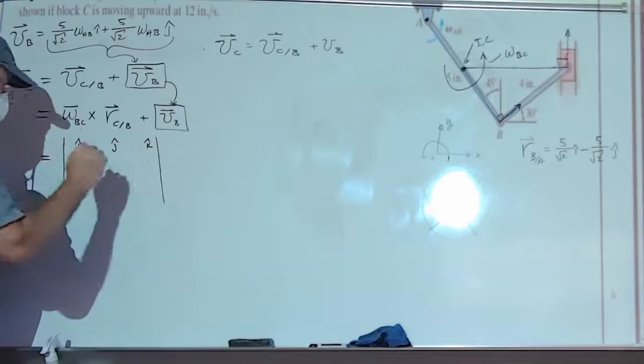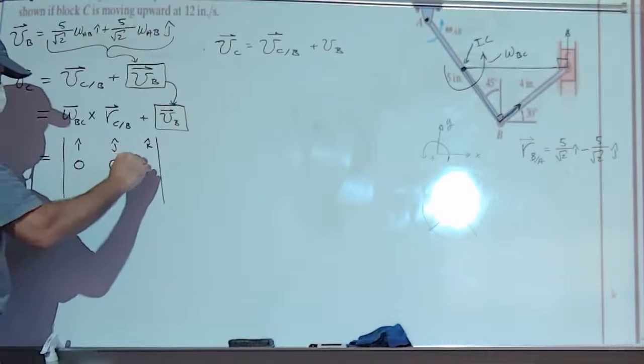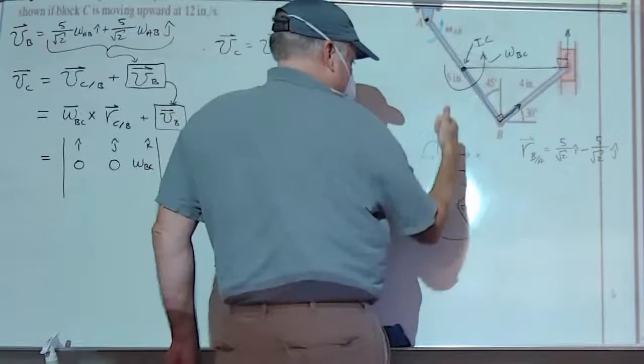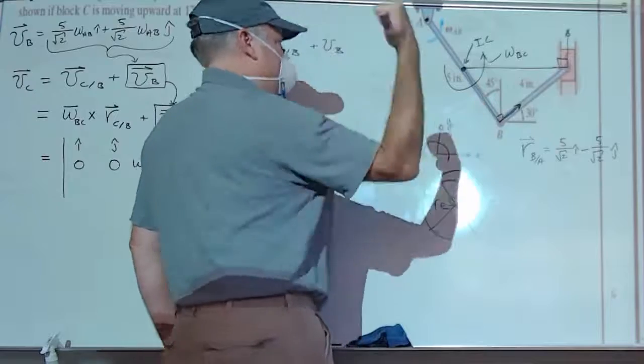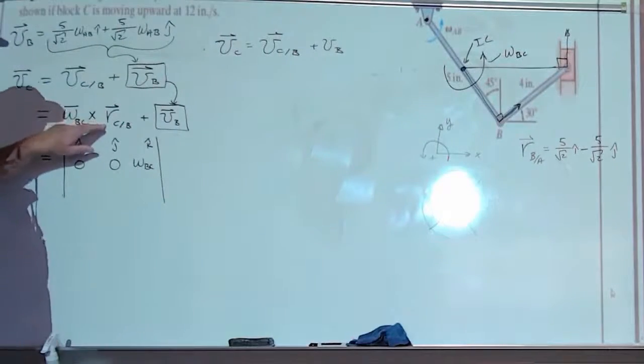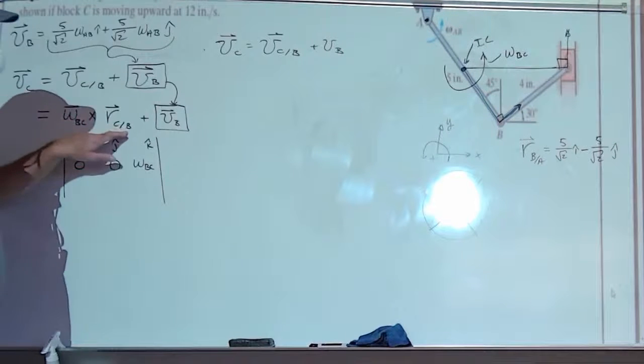So i, j, k, 0, 0, omega BC, because it is rotating in the Z direction. Then I just need to draw a vector with an arrowhead at C and the tail there at B.